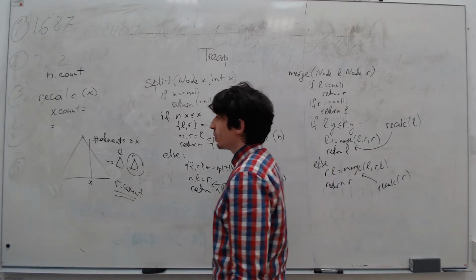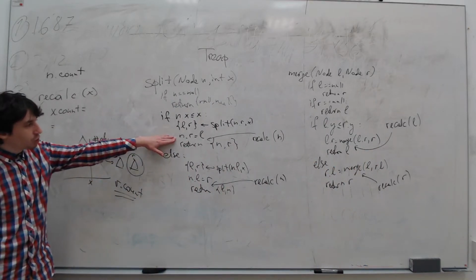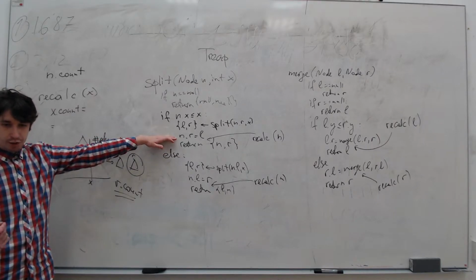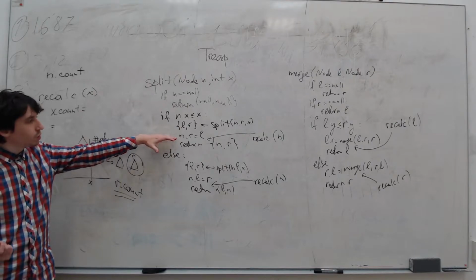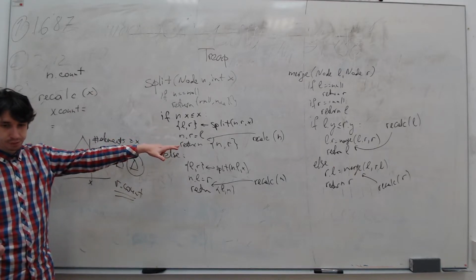Okay, so the question is, we know the left child and the right child of n, right?